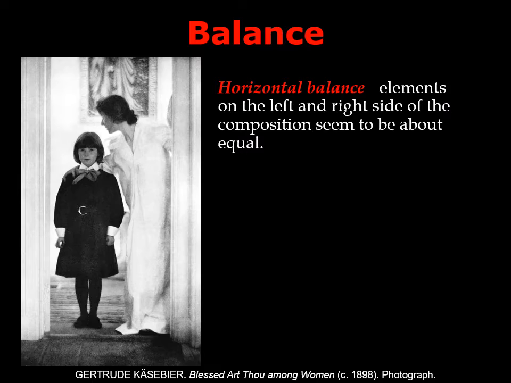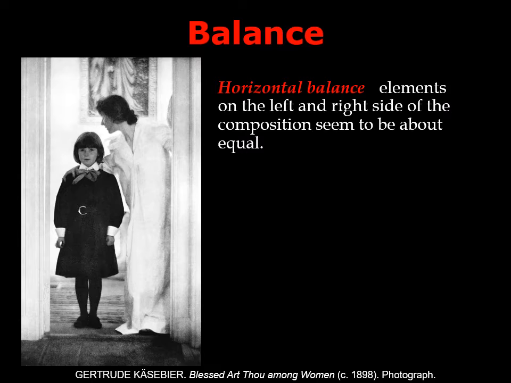Horizontal balance, kind of like pictorial balance, but typically, one side, left and right, they seem about the same. Top and bottom might be a little bit off. But this way, where Gertrude Käsebier in her photograph, she's trying to create kind of this nice equilibrium of left and right.